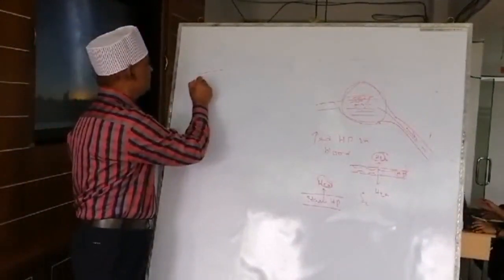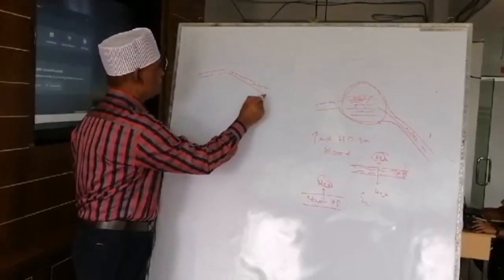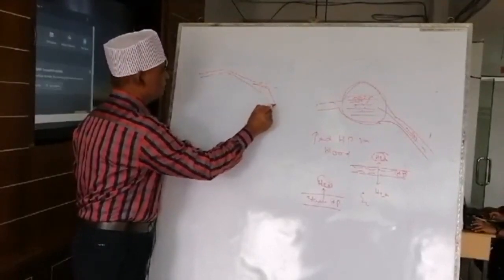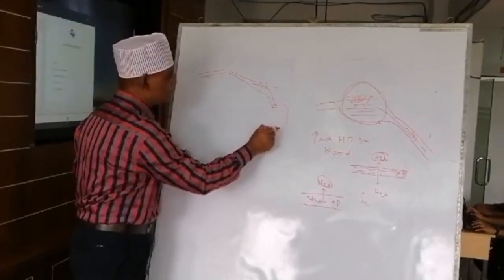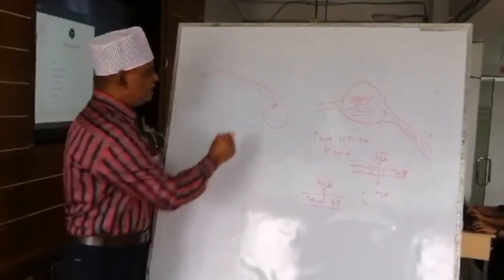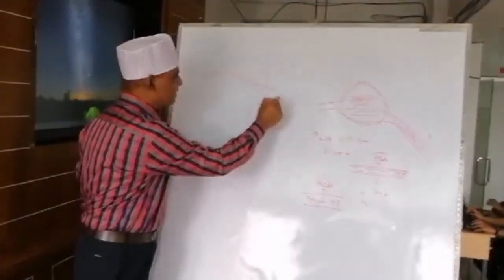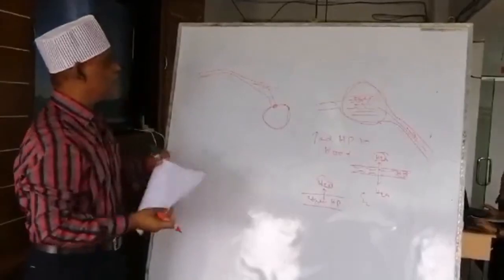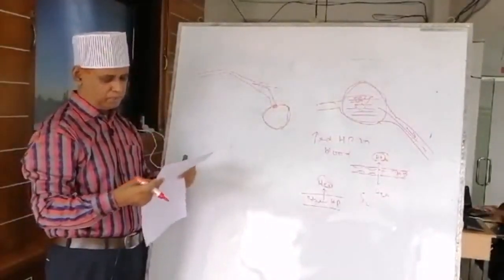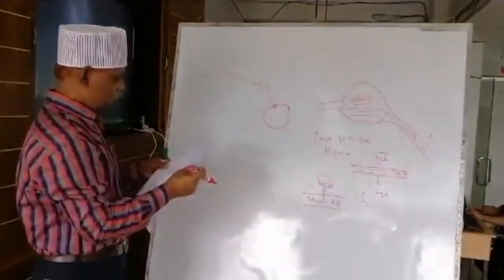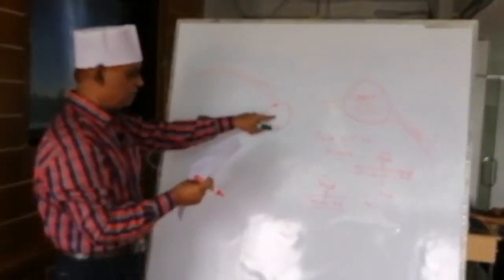Suppose this is the coronary artery and this is a branch of the coronary artery. If this branch is occluded and it supplies this area, this area is devoid of arterial blood supply and undergoes ischemic necrosis. So, there is pale infarct.